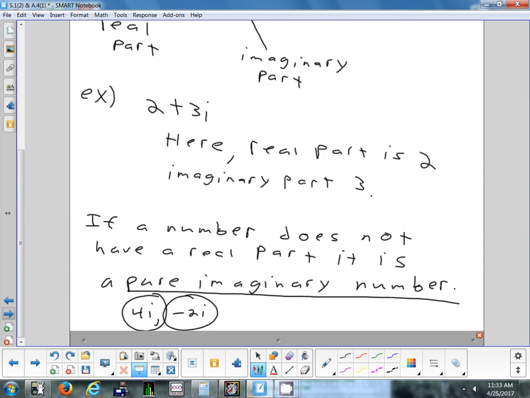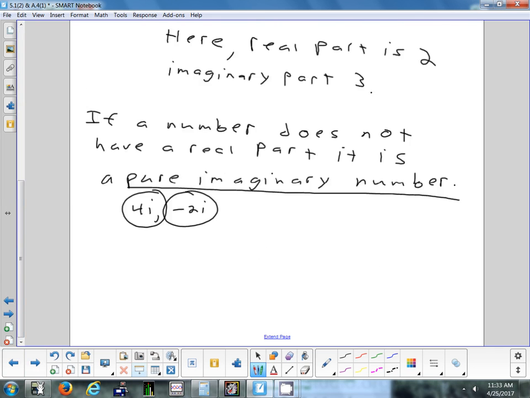We haven't really talked a lot about what that i means. I'll talk more about it, but for now you can just think of it as meaning it's imaginary. But even though i is a letter in the English alphabet, it is going to stand for something. I'm not going to answer that question right now, but I will in a little bit.